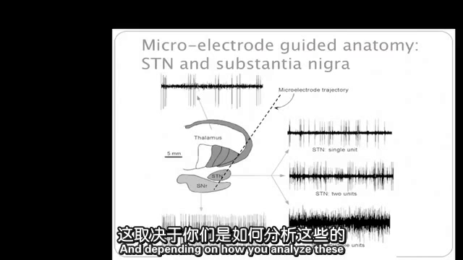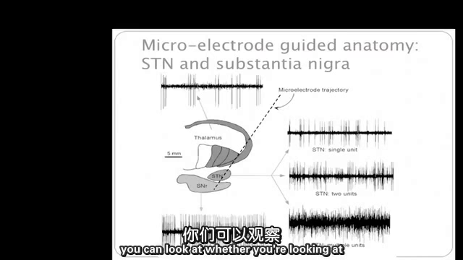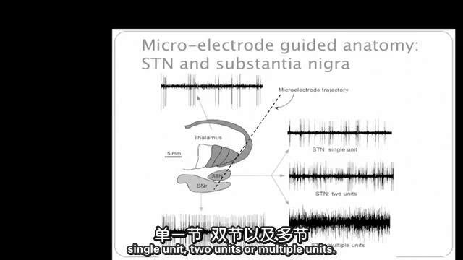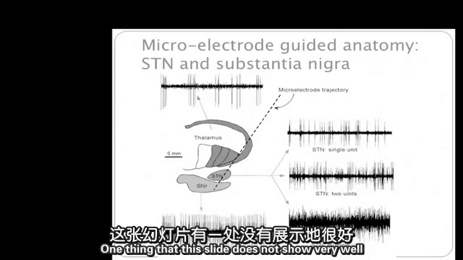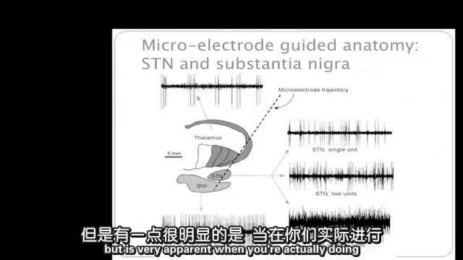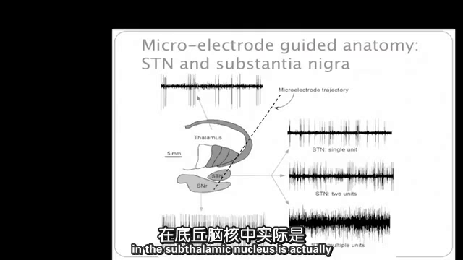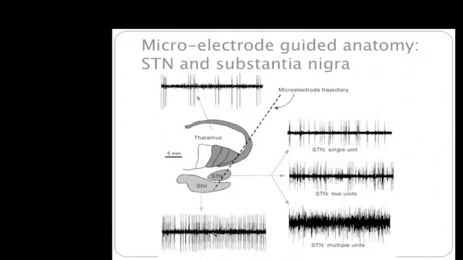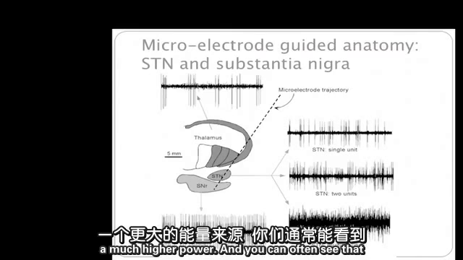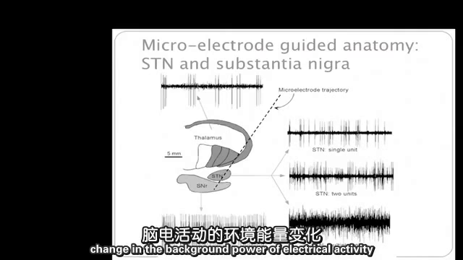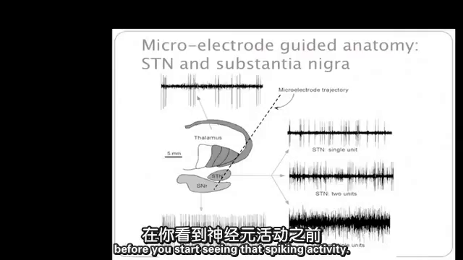Depending on how you analyze these, you can look at whether you're seeing a single unit, 2 units, or multiple units. One thing this slide does not show very well, but is very apparent when you're doing the intraoperative recording, is that the background in the subthalamic nucleus is a much higher power, and you can often see that change in background power of electrophysiological activity before you start seeing the spiking activity.